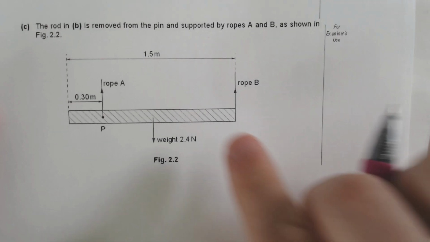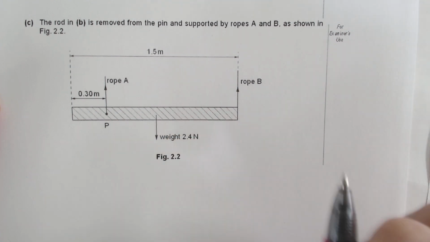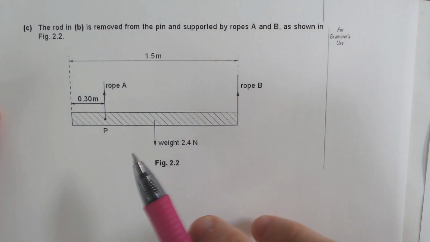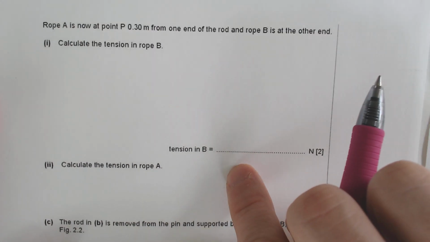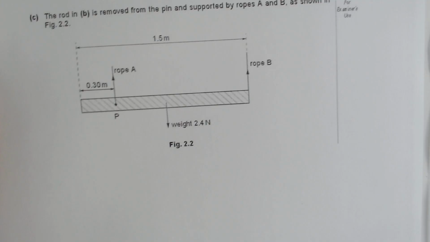The next part of this question is asking us, we remove the pin. And when we remove the pin, we now have rope A and rope B holding this up in equilibrium. The task is to find the tension in rope A and the tension in rope B. So that's our goal here. I'm going to do it down here where I have more room.